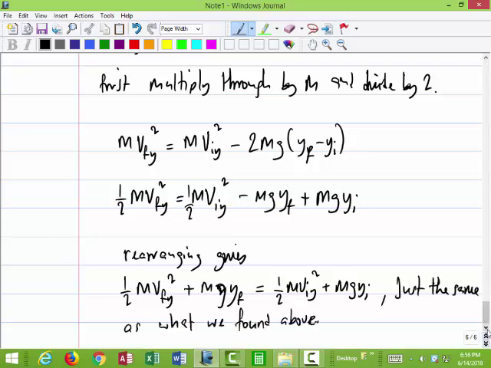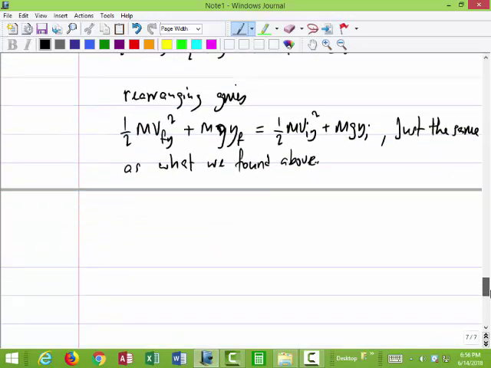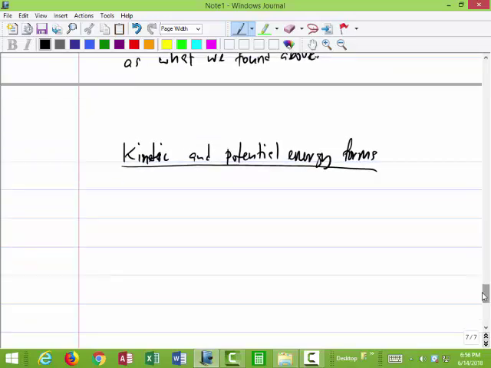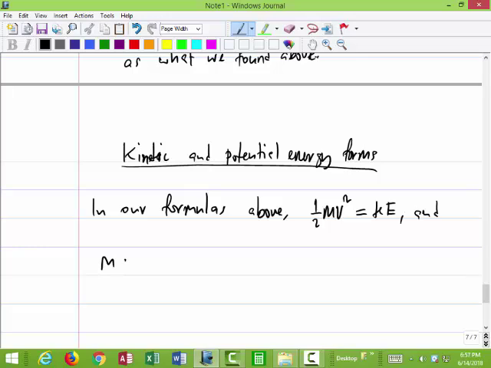So let's define the quantities we just found in these formulas. So let's look at what is called kinetic and potential energy. In our formulas above, half m v squared is equal to kinetic energy and mg y is gravitational potential energy.